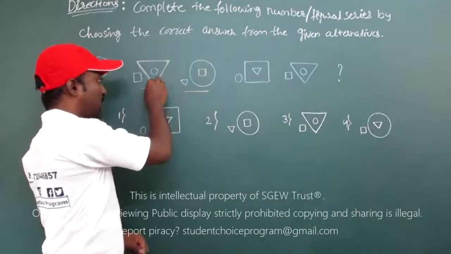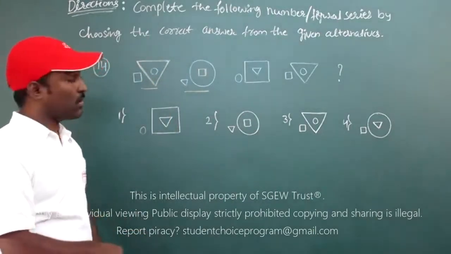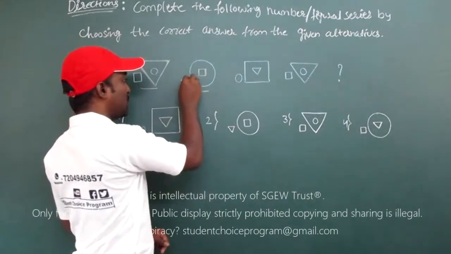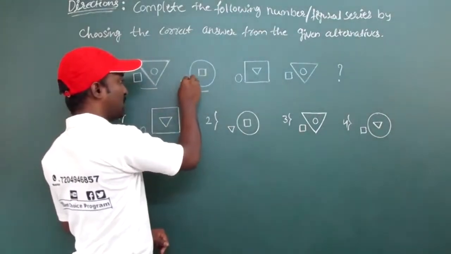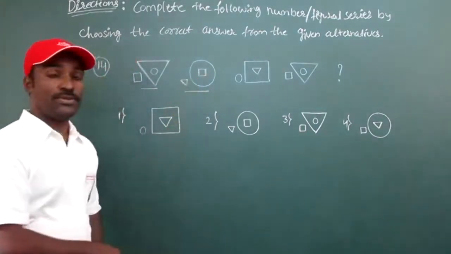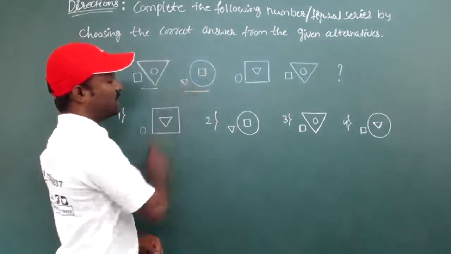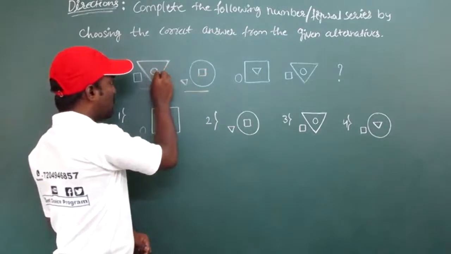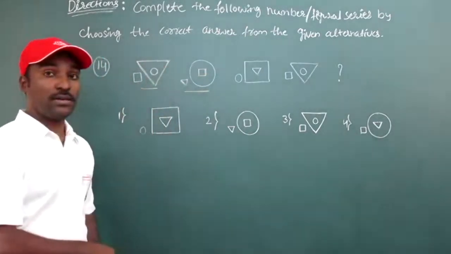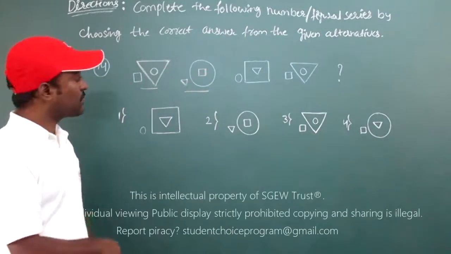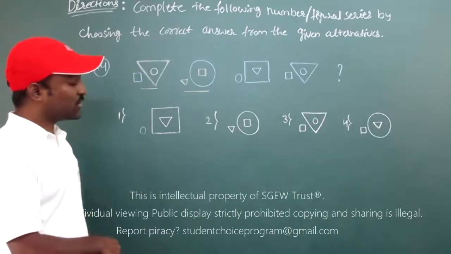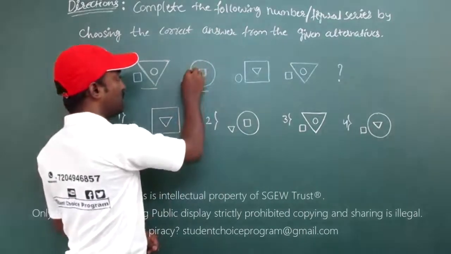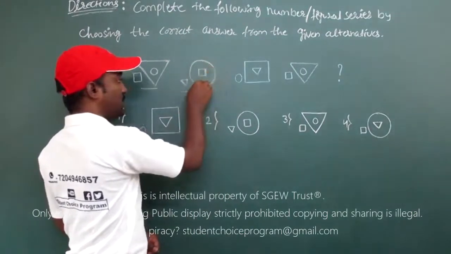This is a big triangle here, but in the second figure it is a small triangle which is drawn beside the circle. Now I am having a small circle inside the big triangle in the first figure, and the circle is drawn like this.